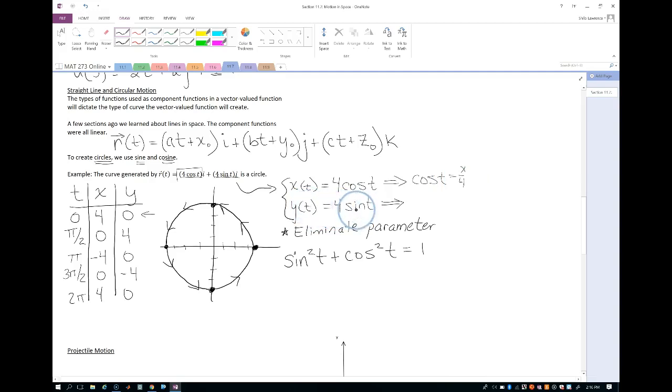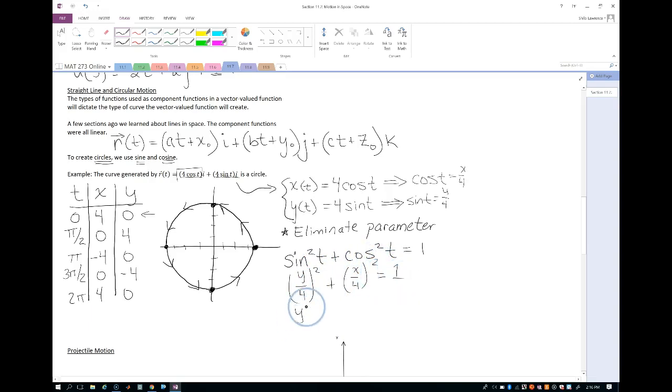And same exact thing here, to solve for sine of t, I'll have to divide by 4. So I see sine of t is y over 4. And since sine squared plus cosine squared always has to equal 1, I can replace sine and cosine with the x over 4 and the y over 4. So y over 4 squared plus x over 4 squared equals 1.